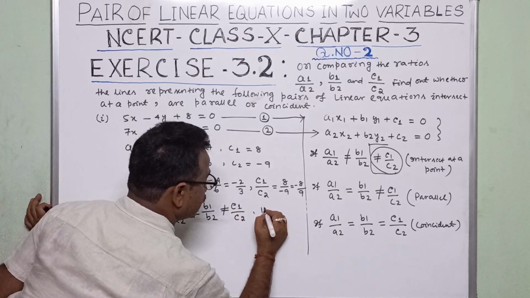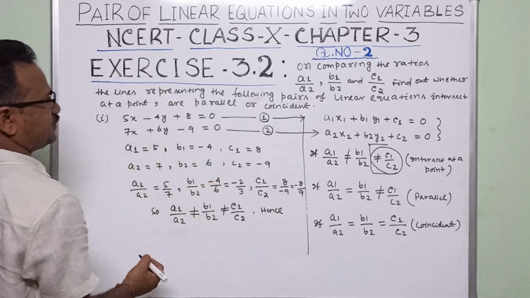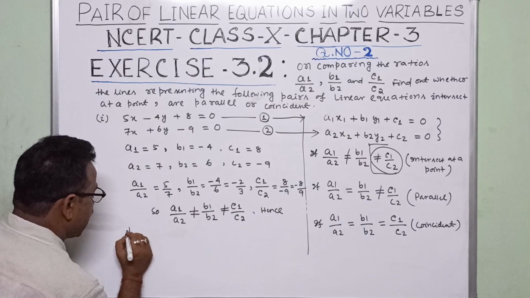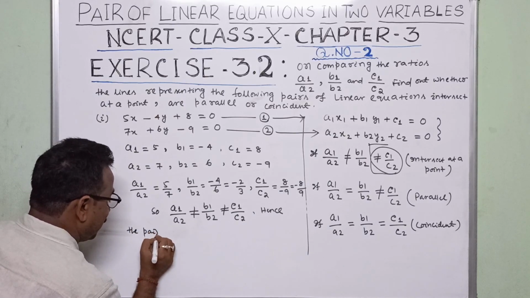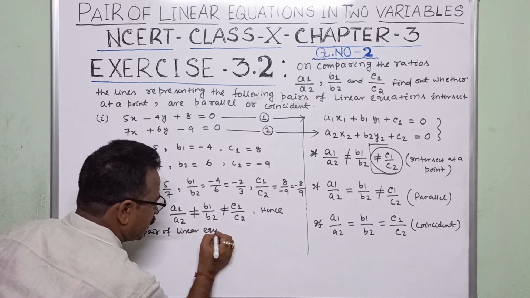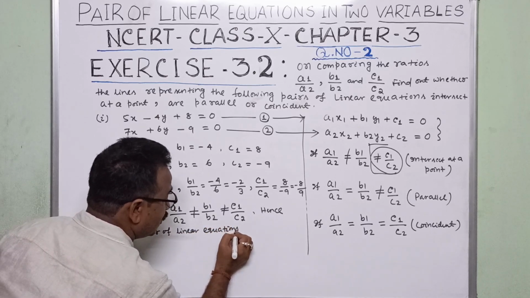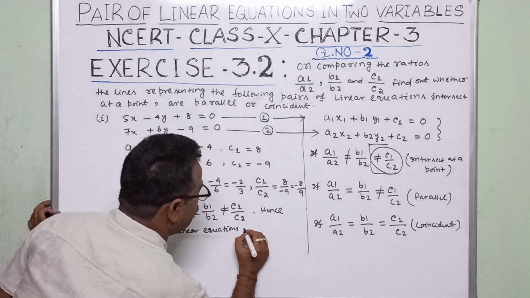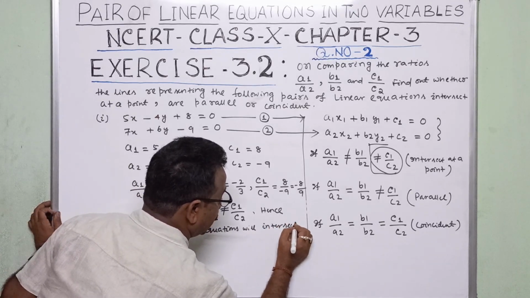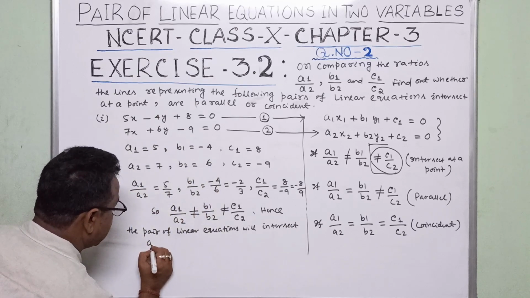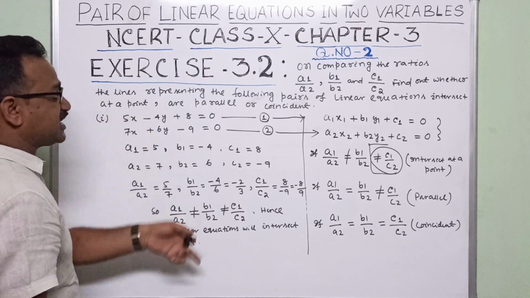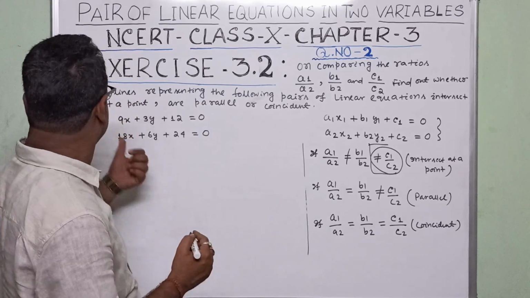Hence the pair of linear equations will intersect at a point. They are intersecting lines.